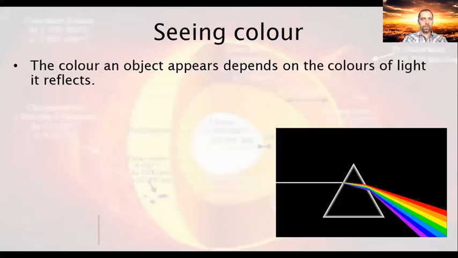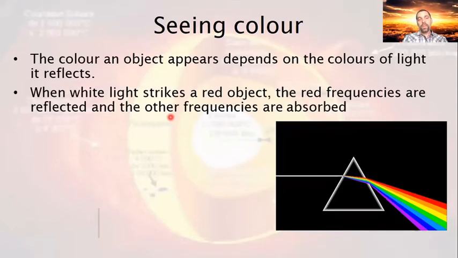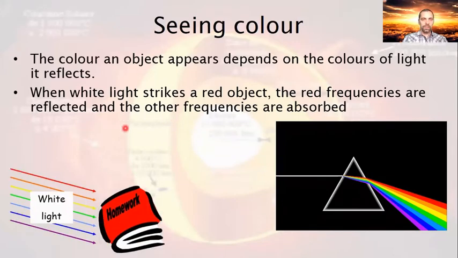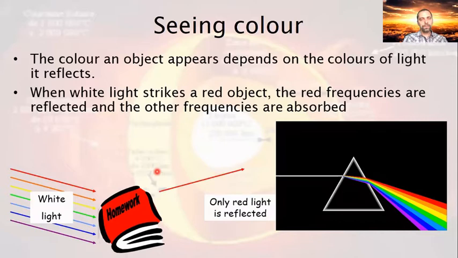We were talking about the colors, but how do we see them? The color of an object depends on the color of the light it reflects. When a white light strikes a red object, the red frequencies are reflected and the other frequencies are absorbed.